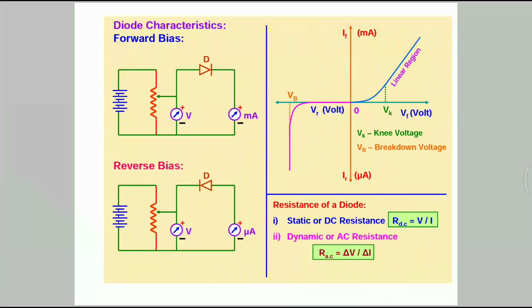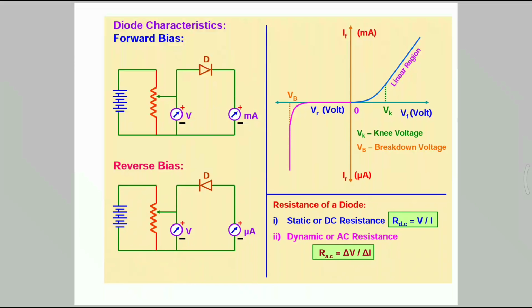Okay, in reverse bias condition, if we increase the voltage, the current increases slowly like that. At a particular point, the current reaches a maximum, that we can call saturation current, reverse saturation current.